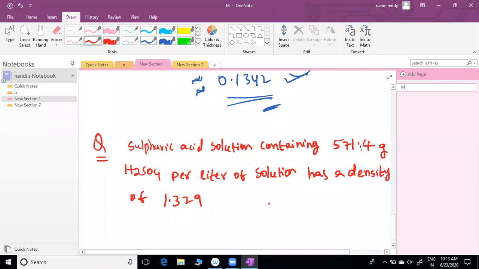Calculate small m and capital M of the H2SO4 solution.